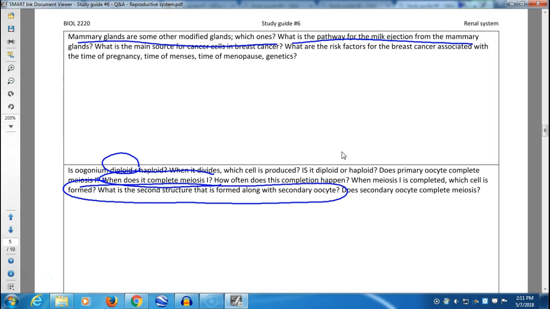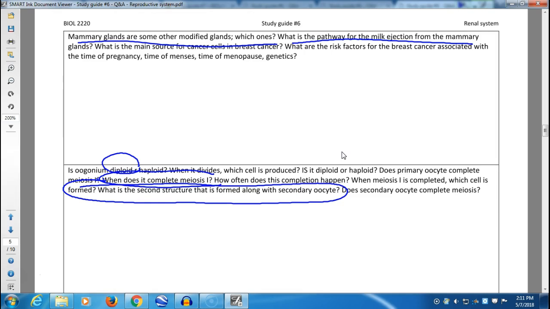Okay? And the secondary oocyte is part of the mature vesicular follicle. So the thing that I want you to know is that the secondary oocyte, which ovulates, is part of the vesicular follicle. Does the secondary oocyte complete meiosis 2? It does not. It still has to complete it. It's in the prophase?